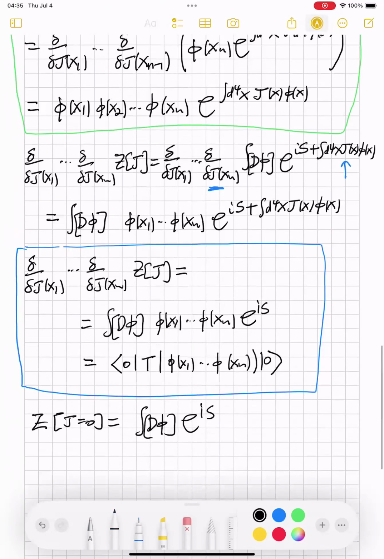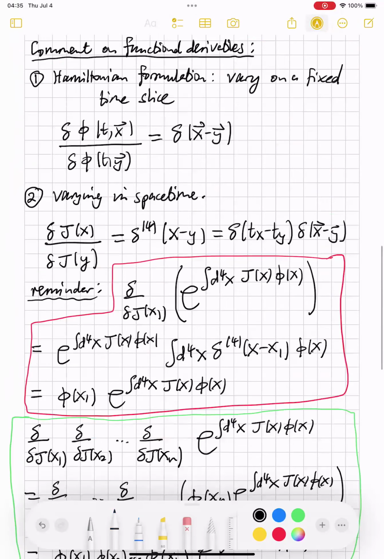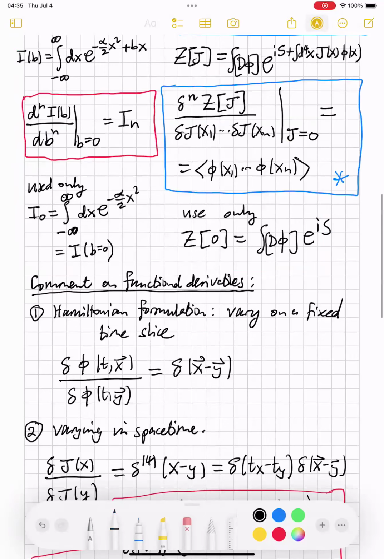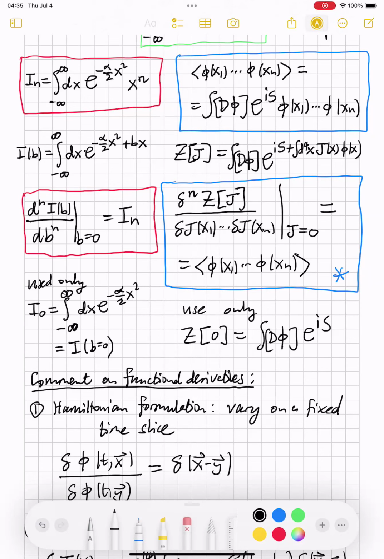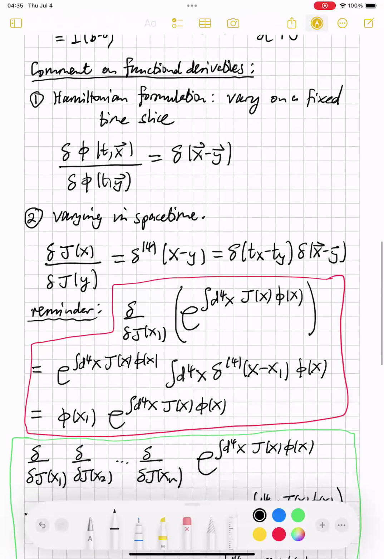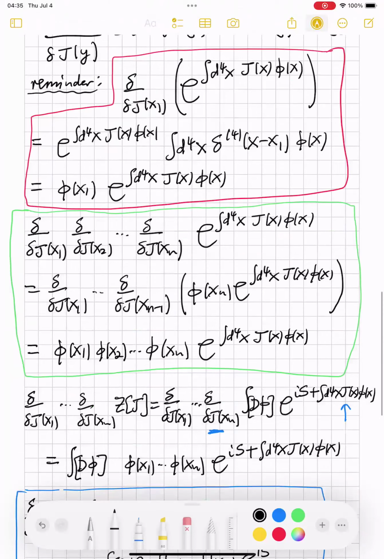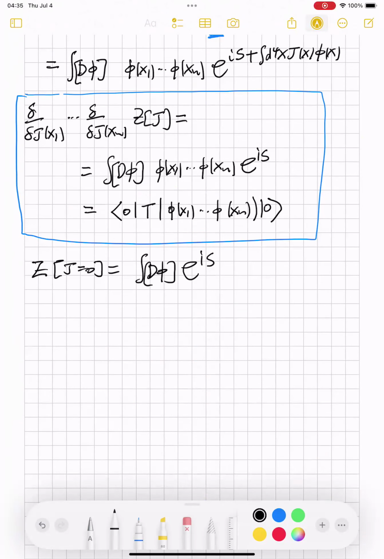Because remember, Z of J was the integral d phi e to the i S plus integral d4x J of x phi of x. If we set J equal to 0, then Z of naught is just the integral d phi e to the iS.